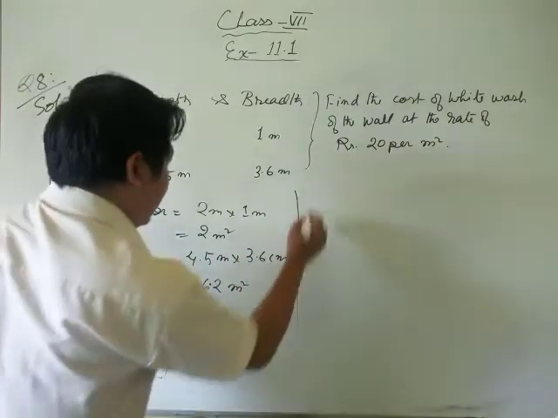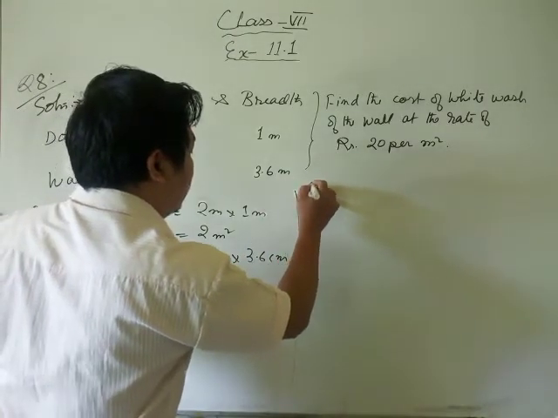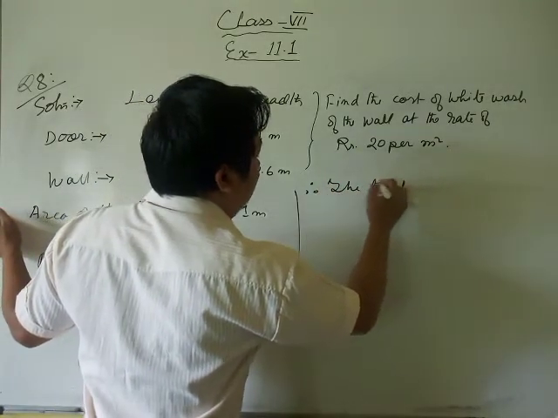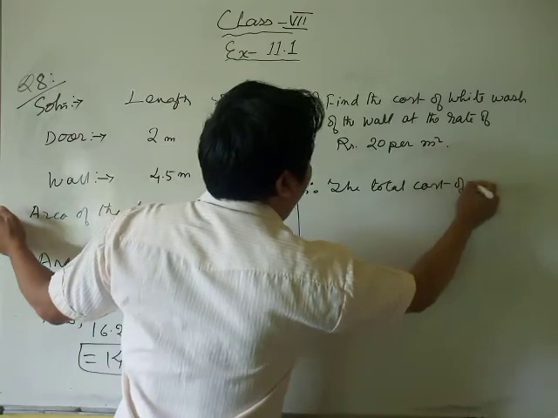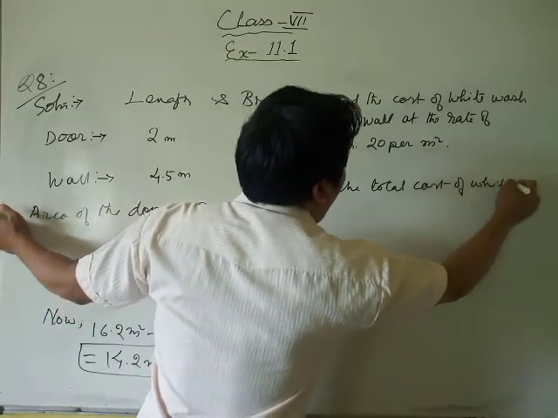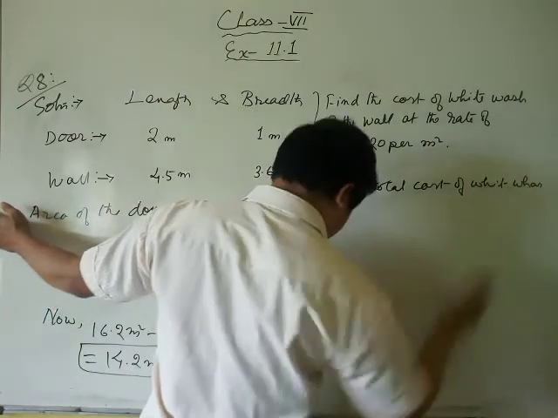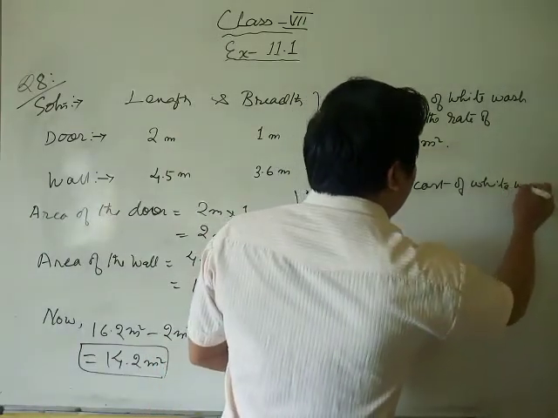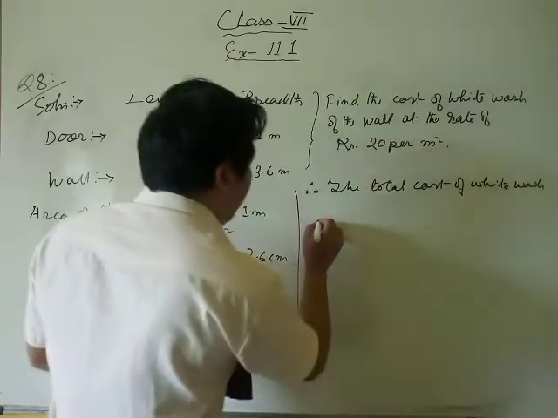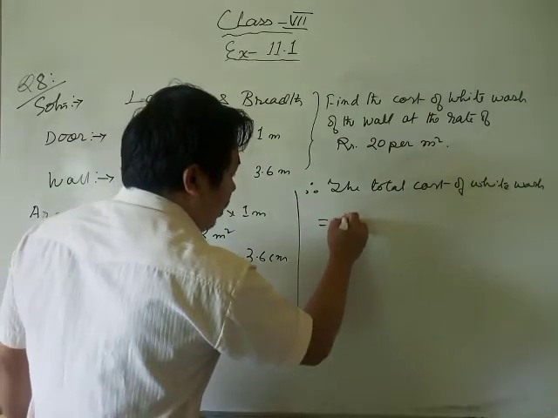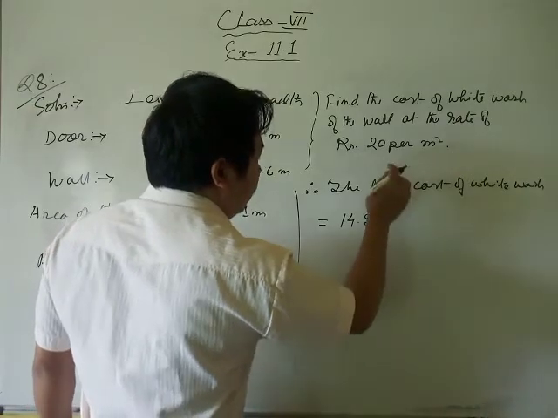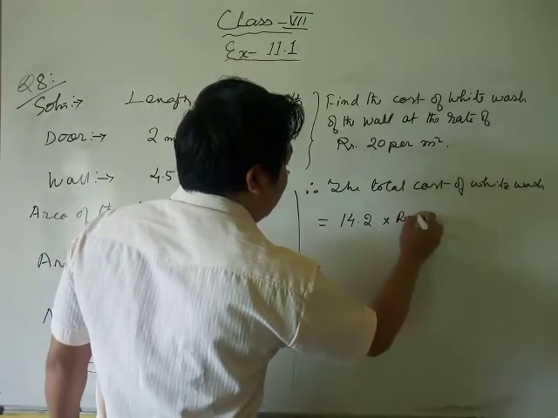Therefore, the total cost of the whitewash will be how much? Equal to 14.2 into rupees 20.